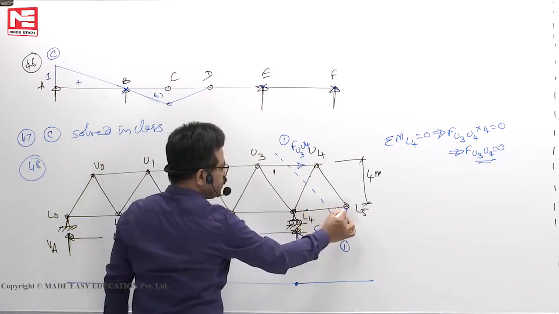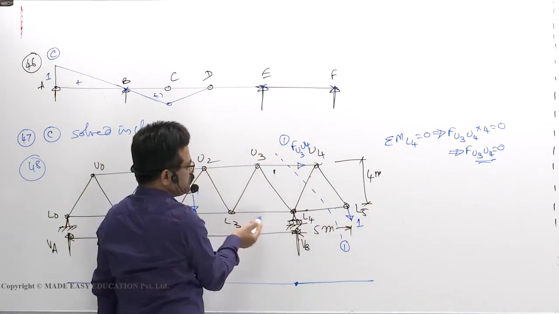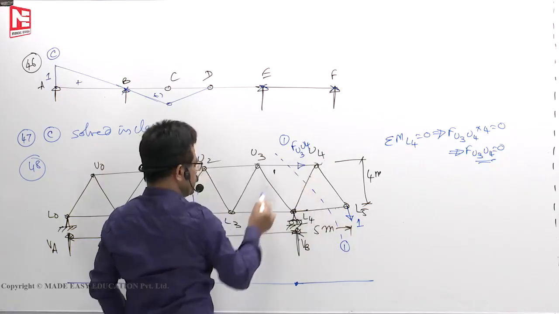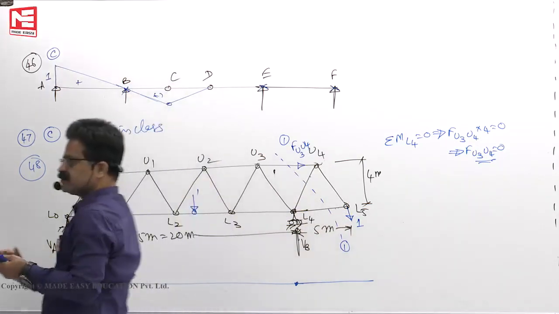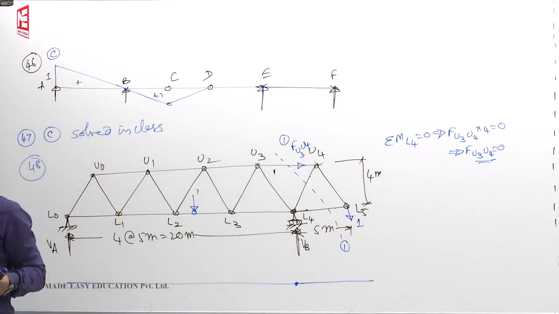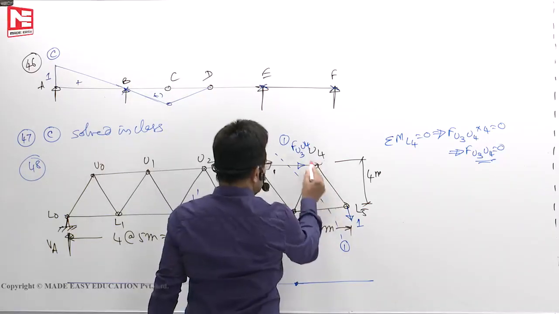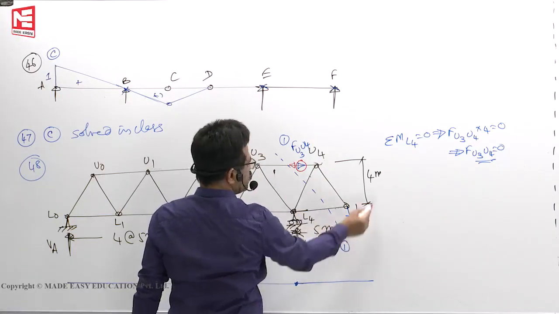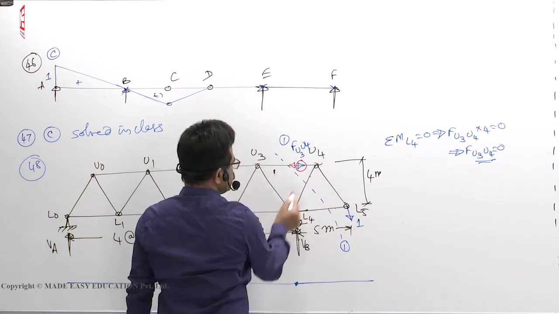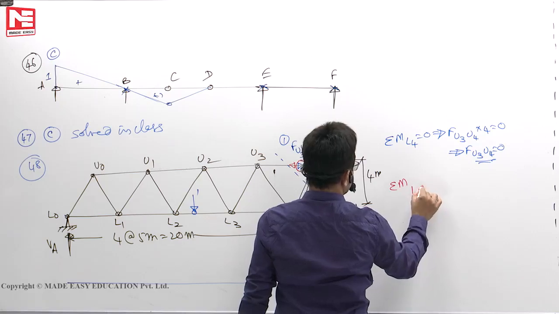Now if the load is somewhere here, say unit load, then it is clockwise, so it has to be anti-clockwise. Here itself is over actually, only one diagram was there like this. Now in the second case, I will not take it this way, I will take it like this. Because it is clockwise, this is anti-clockwise. So take moments of all forces about L4 is equal to 0.